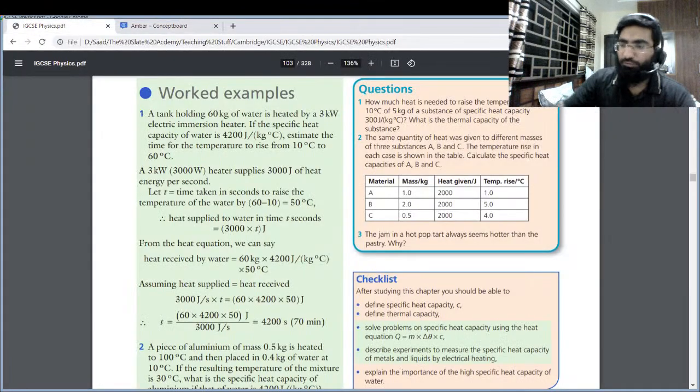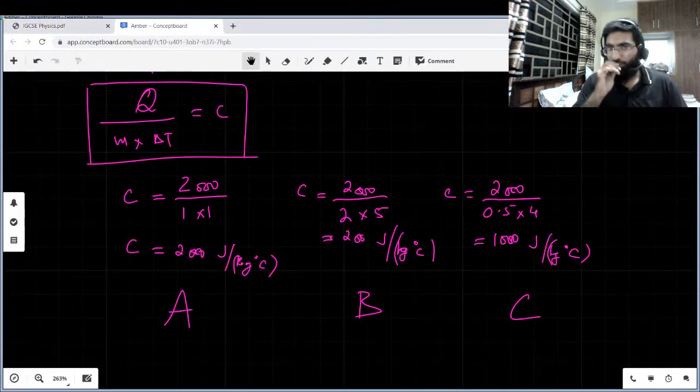Can you attempt it now? Can you go back? I just don't want you to copy the solution. It's there, you can see it as many times as you wish to, but you must understand it's simply a rearrangement of the formula.